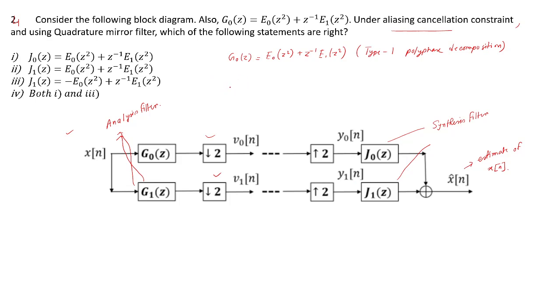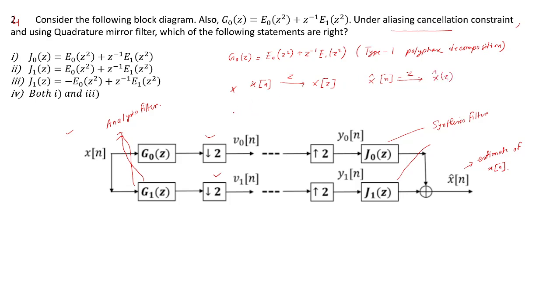If you follow the lectures, the example is almost similar to what has been described there. Let me write the Z transform of x[n] as X(z) and the Z transform of x hat n as X hat(z).